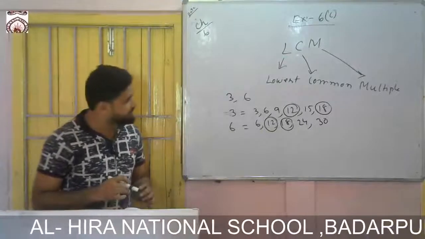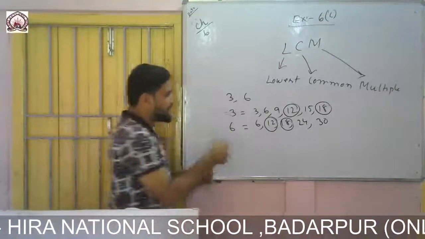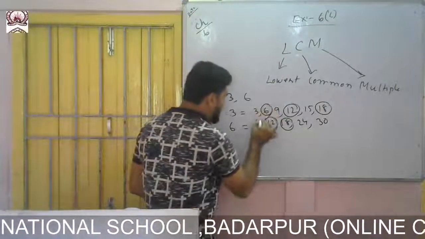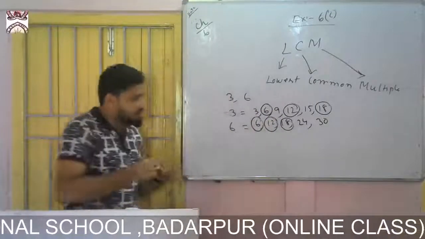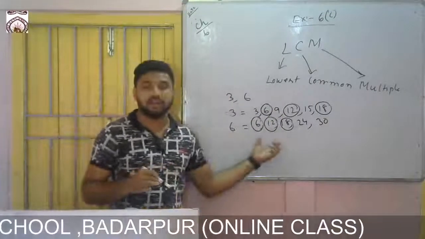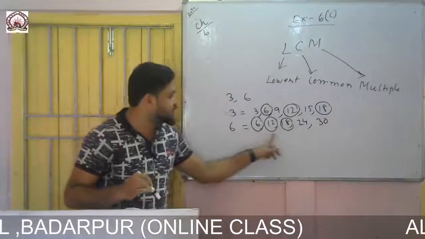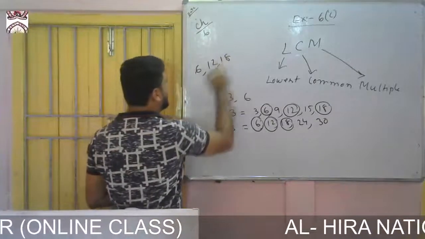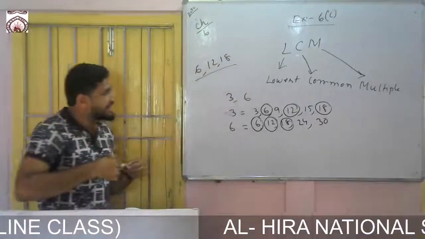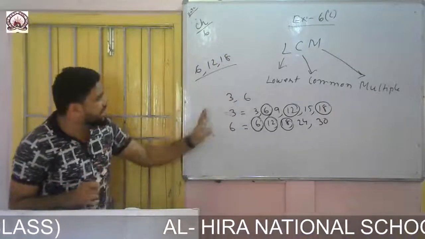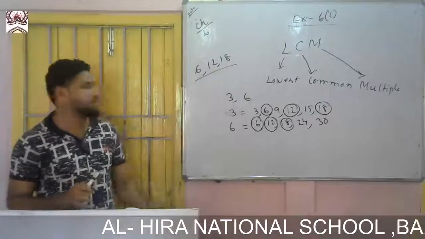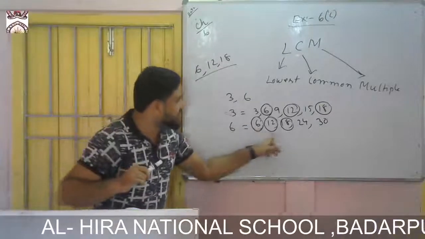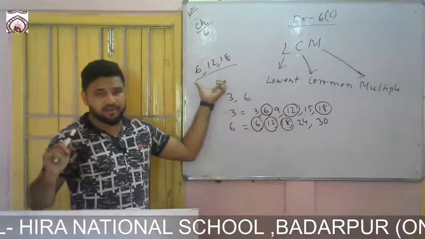Then 6 and 6, you see. Here 3 common multiples came: 6, 12 and 18. The LCM says you take the lowest common multiple. So 6, 12, 18 are the common multiples.